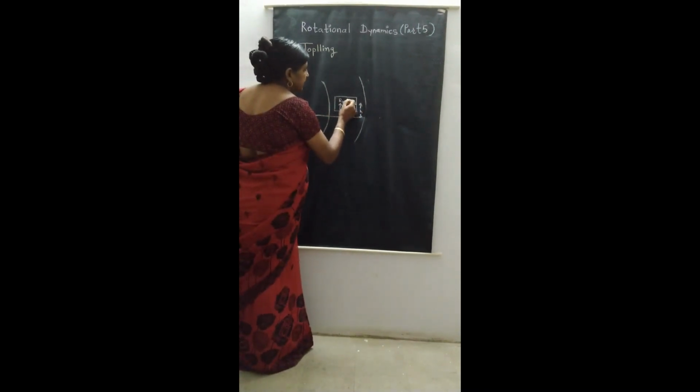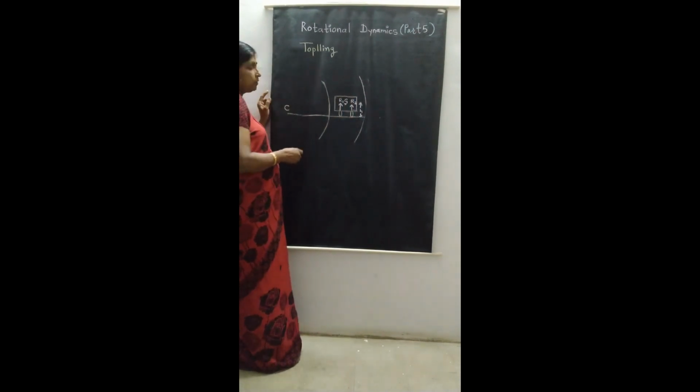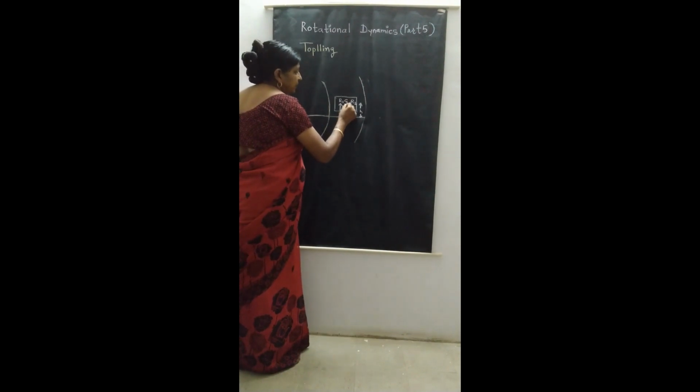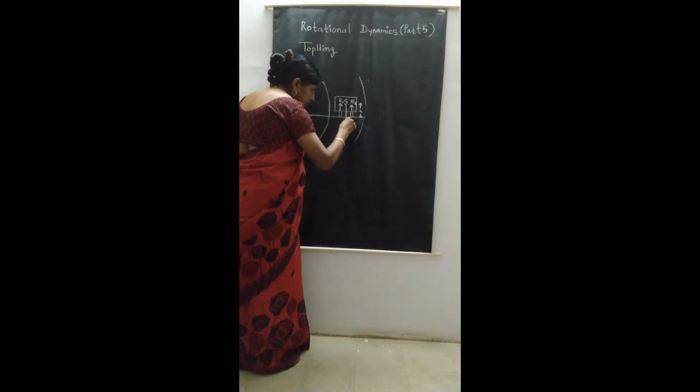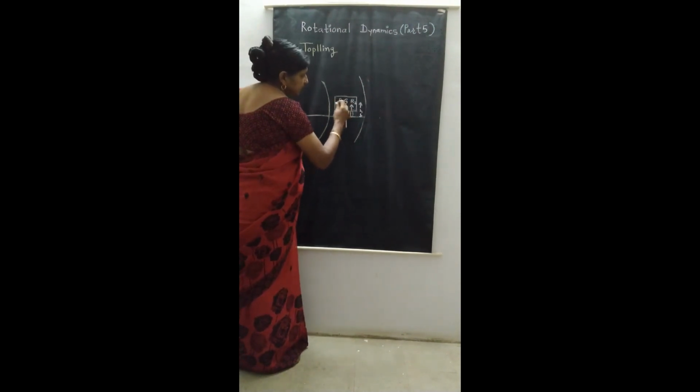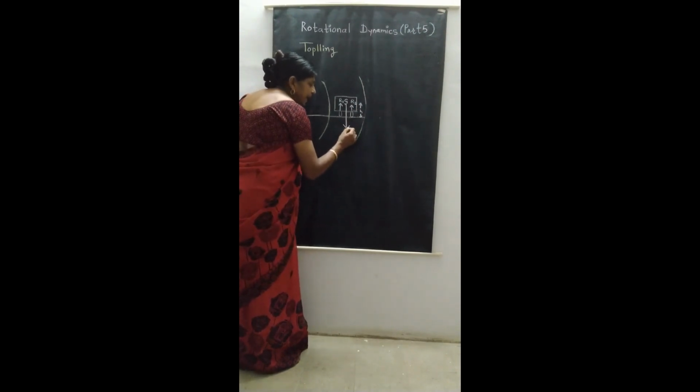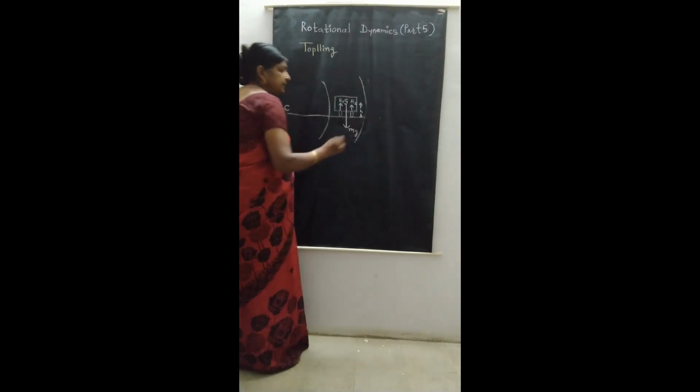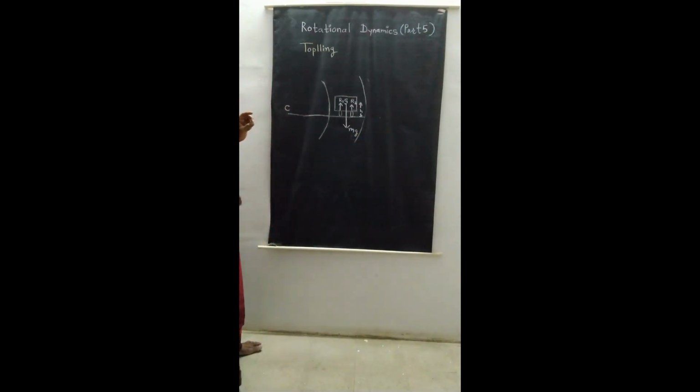This is the center of gravity G of that car or four-wheeler, and as usual, the weight of the car or four-wheeler will act vertically downwards, and its magnitude is mg.